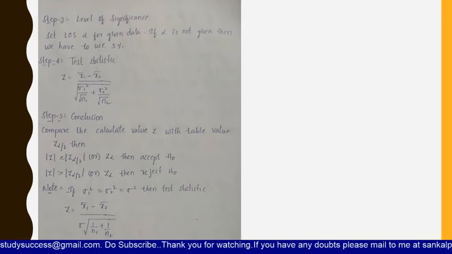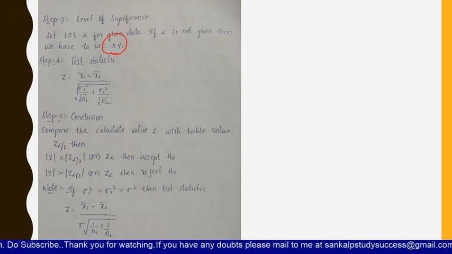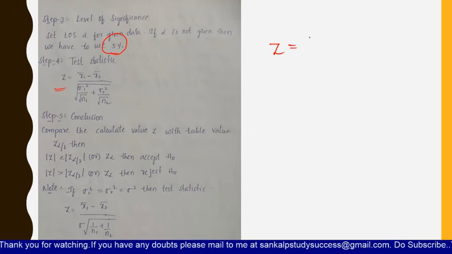Now coming to the third step, which is level of significance alpha, which will be given in the question. The same thing repeats here. If it is not given in the question, you are going to consider the value of alpha as 5%. Then coming to the test statistic Z. Here the formula of Z will be changed because it is for two means.